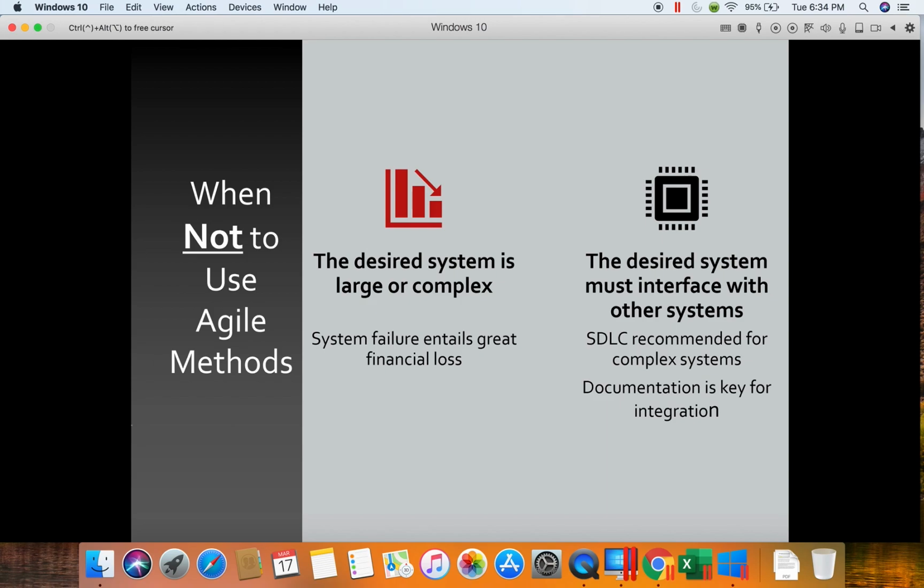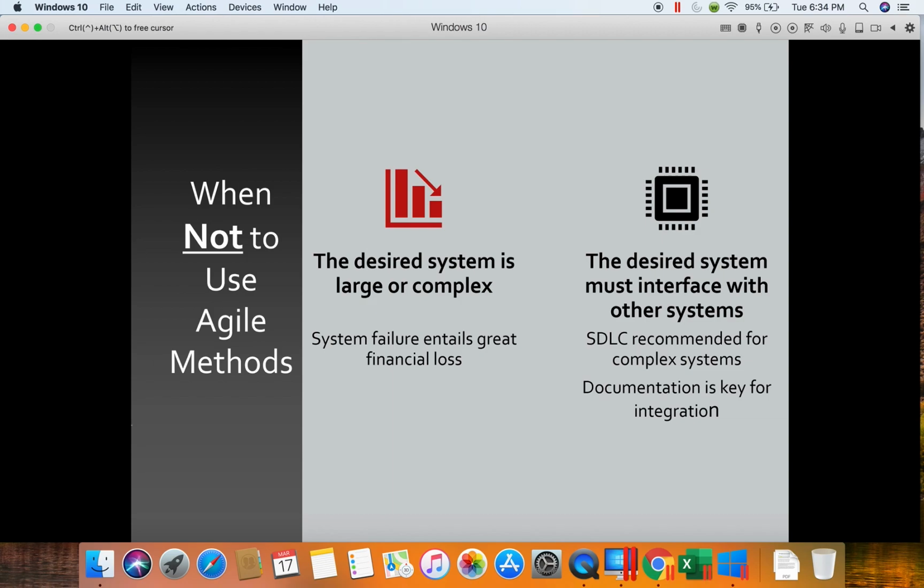If the system is extremely complex, then we should also be using the system development lifecycle in order to allow for extra care in documenting both the requirements and the integration concerns that we have within the system, as well as documenting the system carefully so that we can change it going forward if we need to.